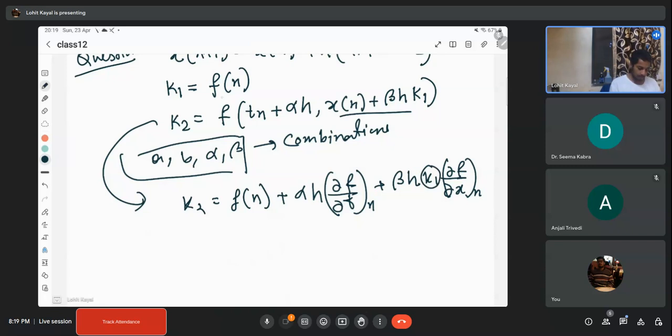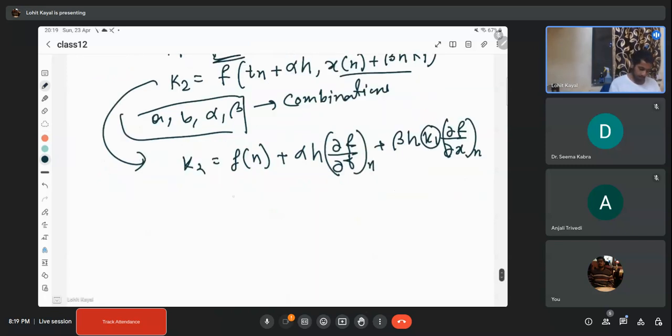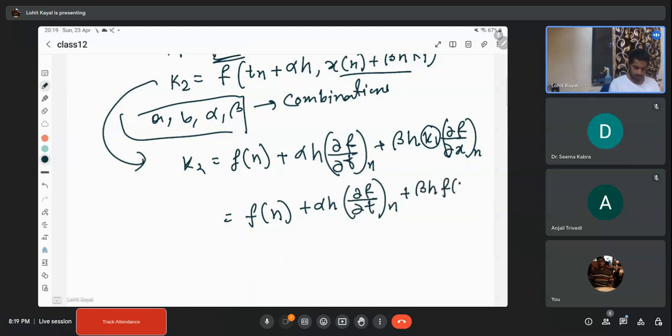Now k1 is f of n. Okay, so let's write that: equal to fn plus alpha h del f del t n plus beta h f n into del f del x n.